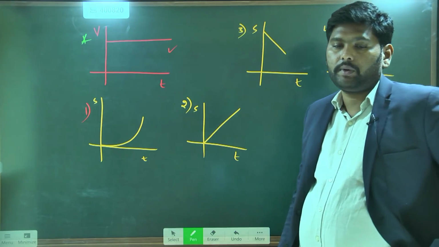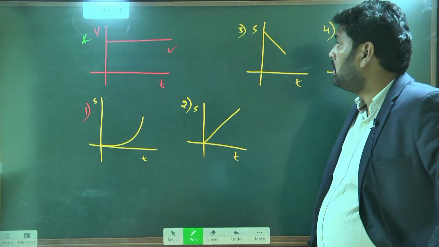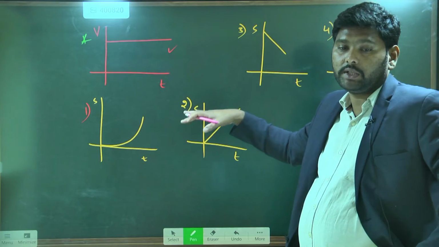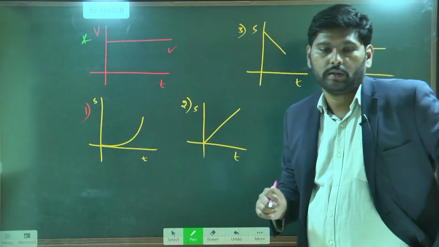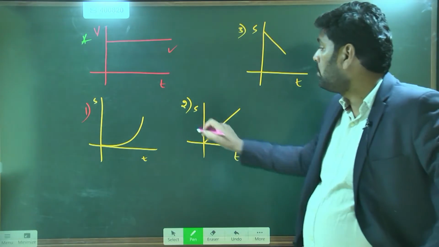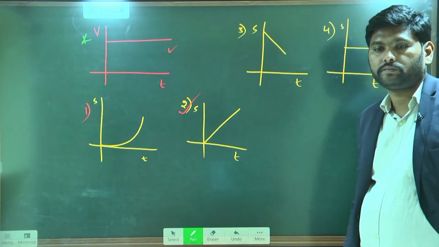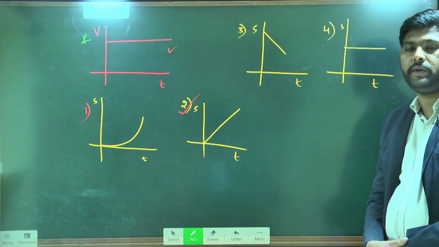When the object has constant speed, how do you represent the same situation with distance versus time? How is it the second one? Explain to me.